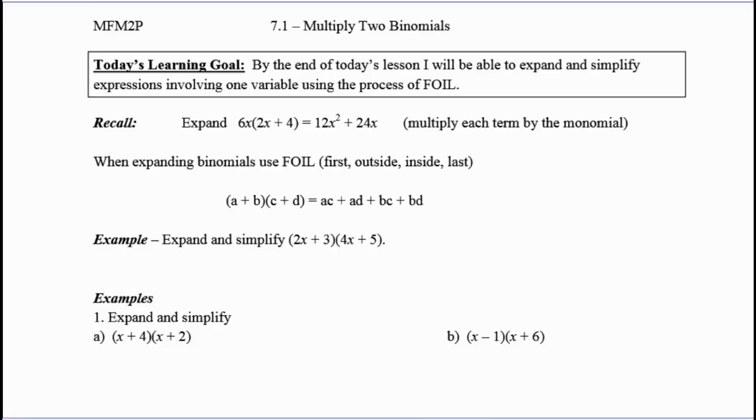By the end of today's lesson, you'll be able to expand and simplify expressions involving one variable using the process of FOIL. This is going to be a binomial times a binomial.